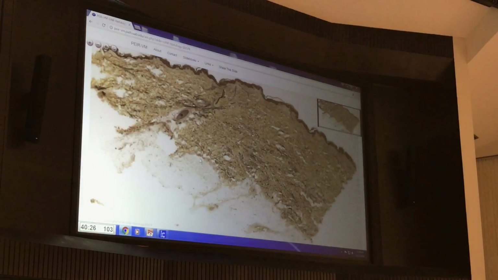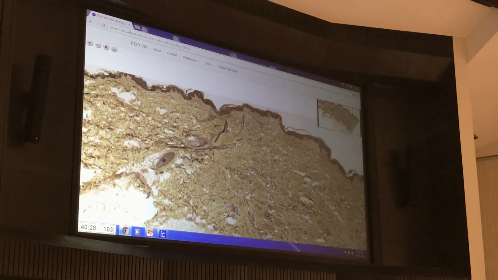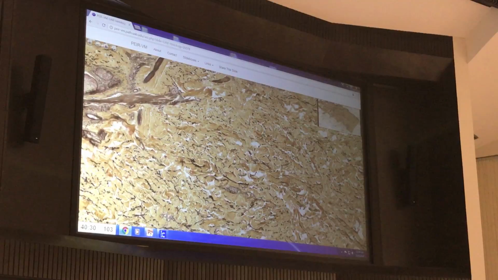I'll tell you it's stained with a Verhoeff's, and this is a stain that will stain elastic fibers.